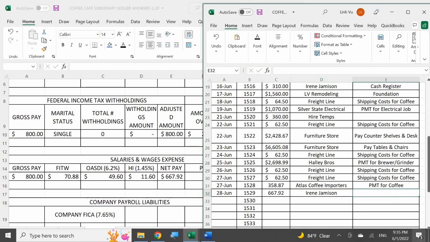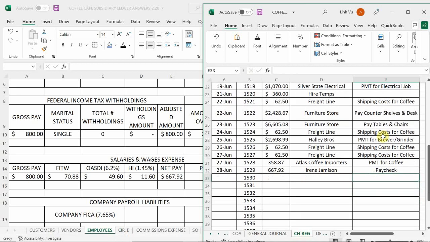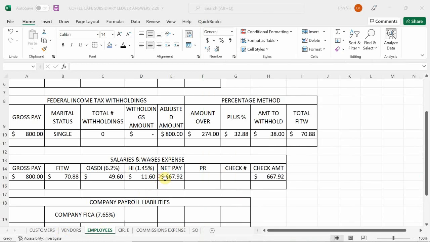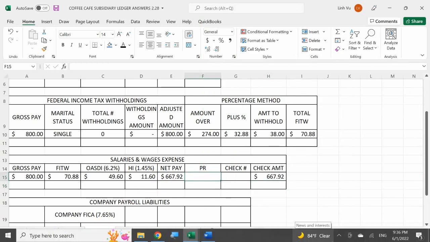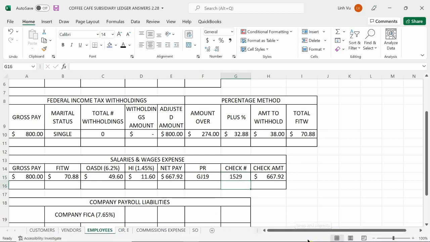And what is this for? Paycheck. Okay? So you cut her a check number 1529. So there you go, PR. Where did we record this? In our Journal 19 for the check number 1529 for the $667.92.